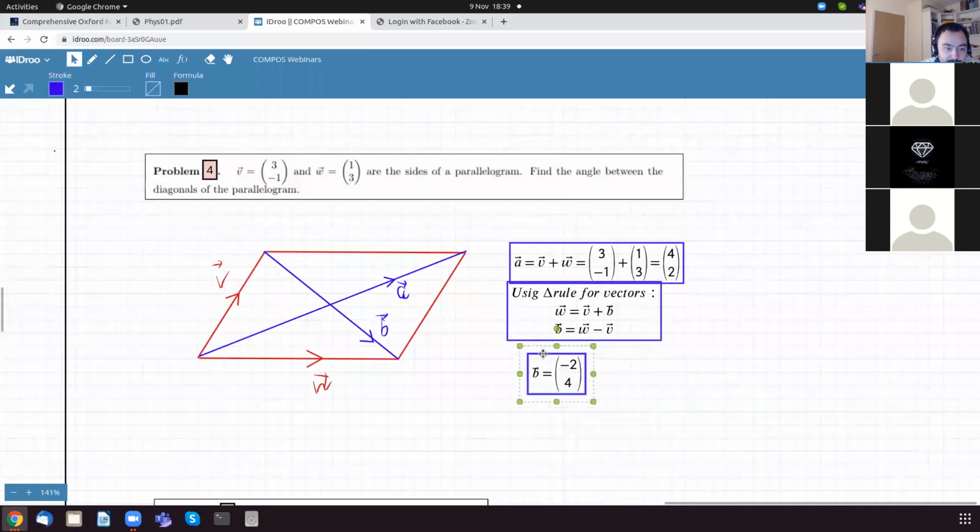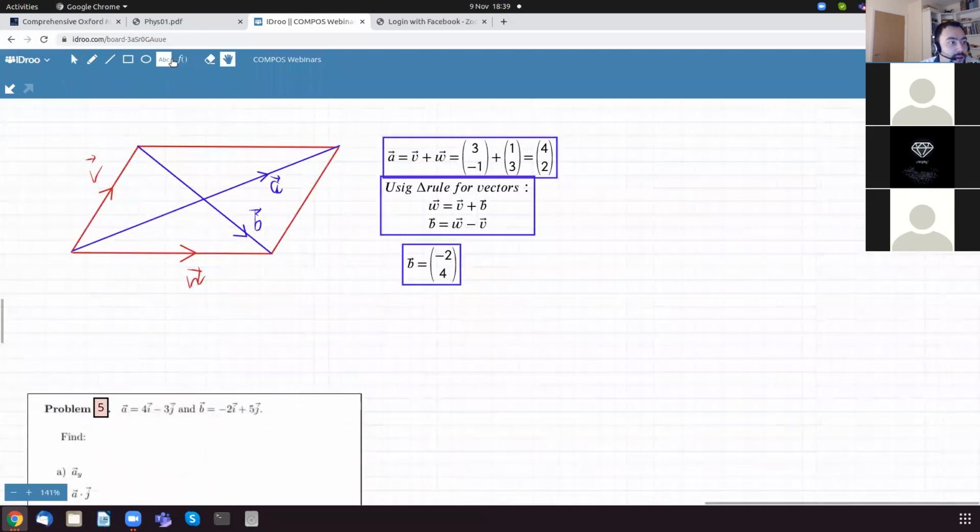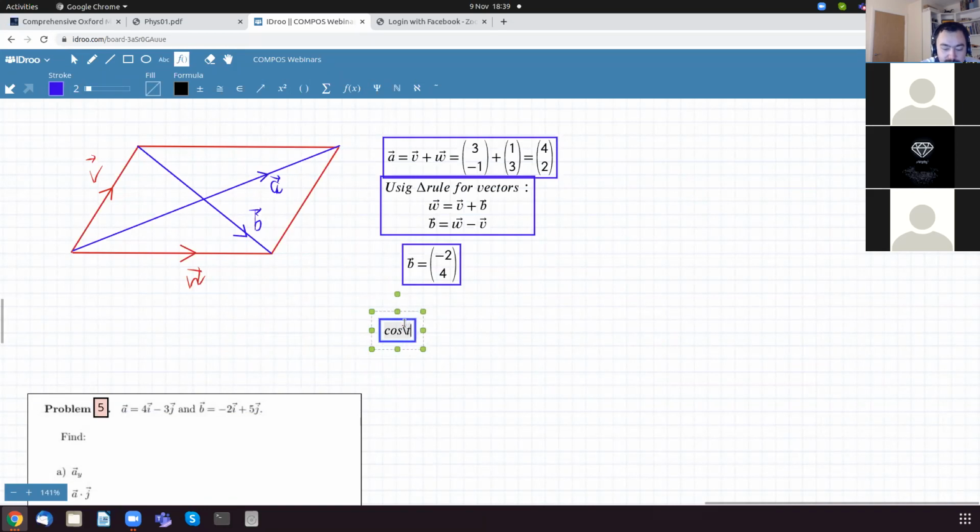And all you need is to find the angle. You know, the angle between two vectors, the cosine theta, the angle between two vectors, so this angle theta, because that is the angle between the diagonals.